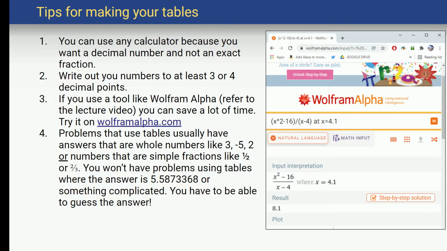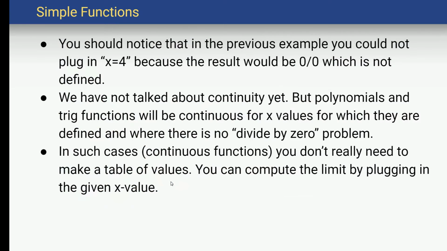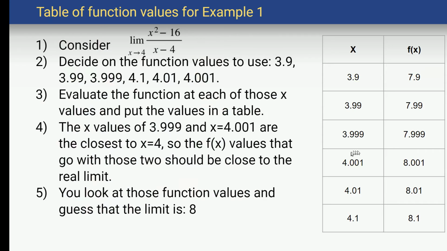And you should be able to see those and guess at what the fraction is if you see it in your table. You're not going to see numbers like 5.5873368 showing up in your table, at least not when you get close to the limit, right? Like if I go back to a table here, these middle values are the ones that are closest to the real limit. The first one doesn't matter so much. This could have been further off. It could have been like 7.5 or something, right?